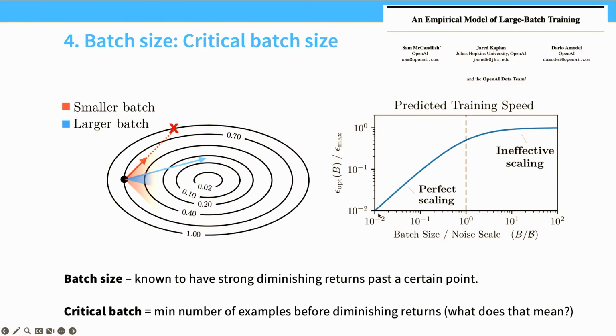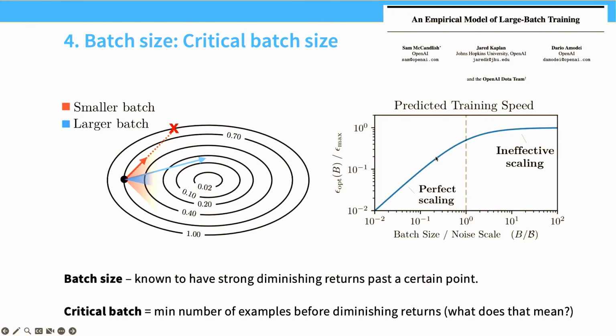Okay. Given that preface, there is a very important idea, used in a variety of papers and talked about very frequently, called the critical batch size. The idea is roughly that up until a certain point, before you start to get diminishing returns, there are perfect returns to increased batch size. I might call this the noise limited regime.